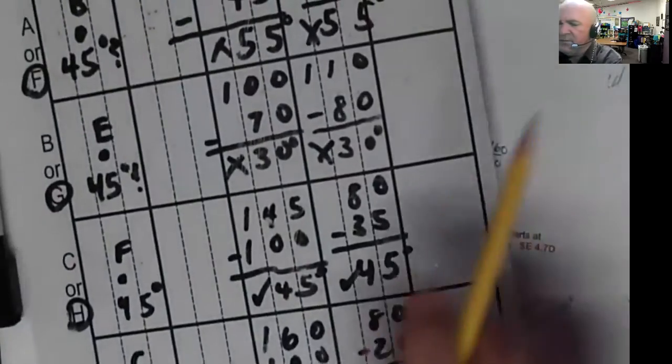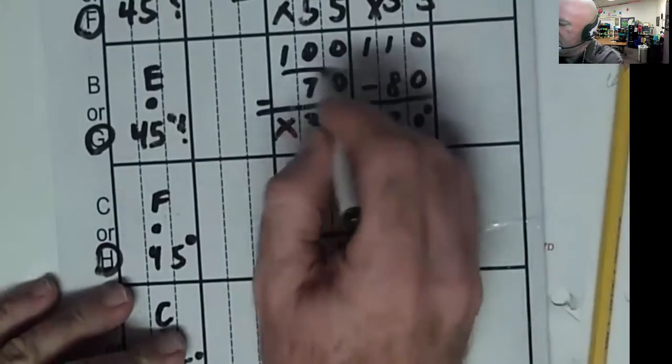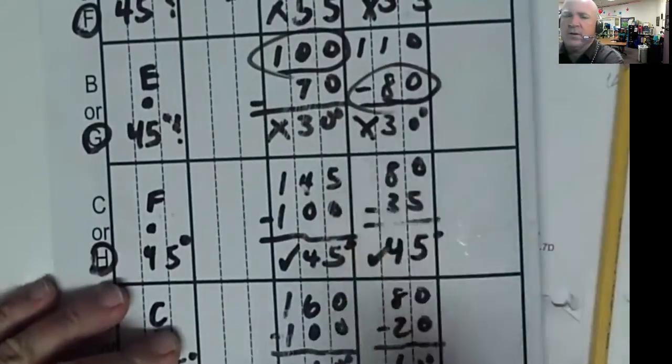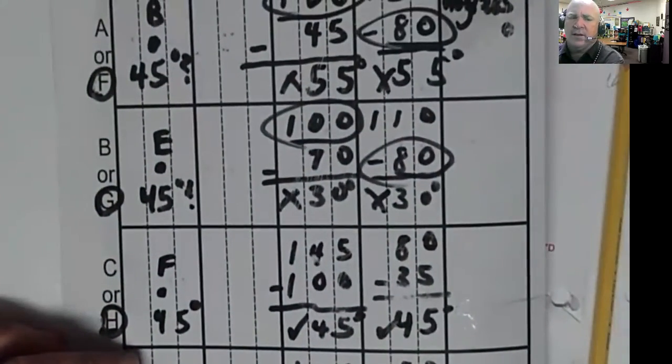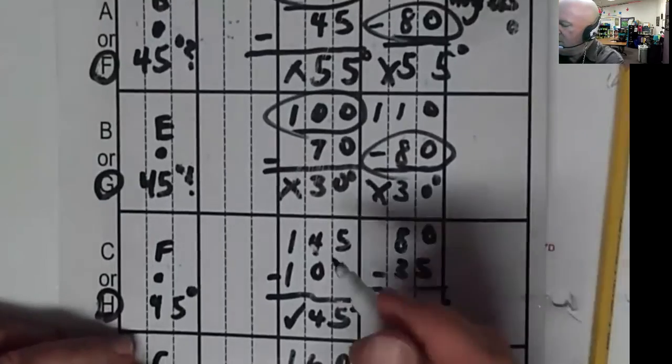So you're going to see point D every single time in letters F, G, H, and J.